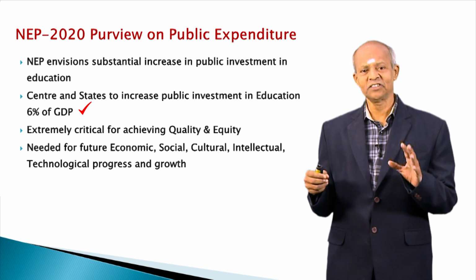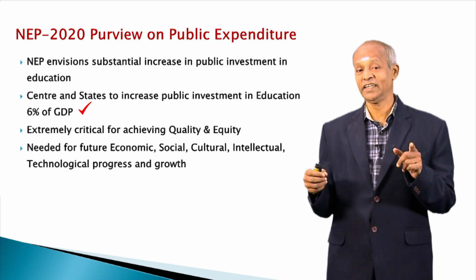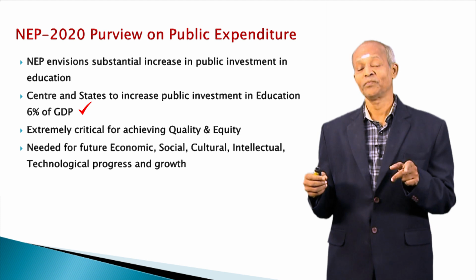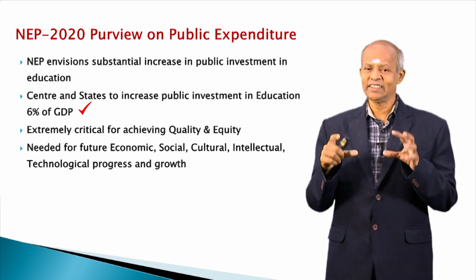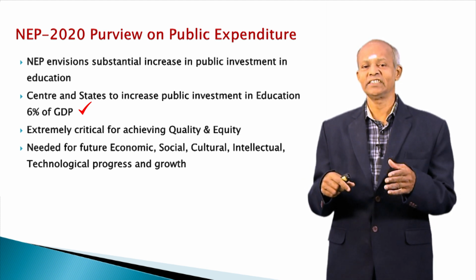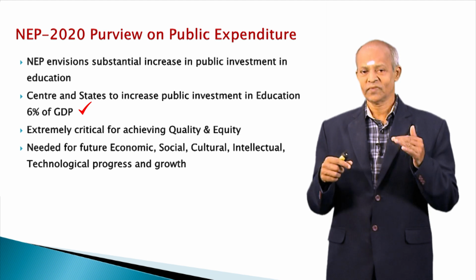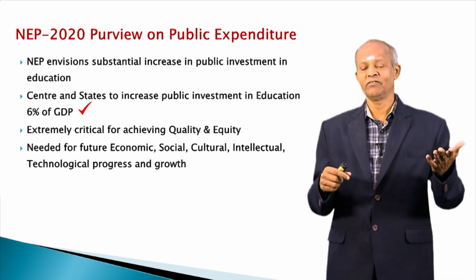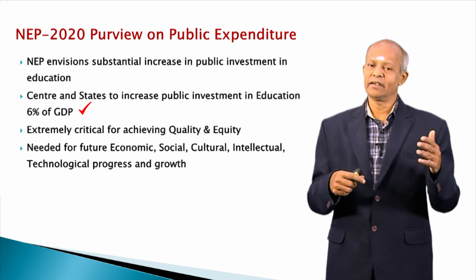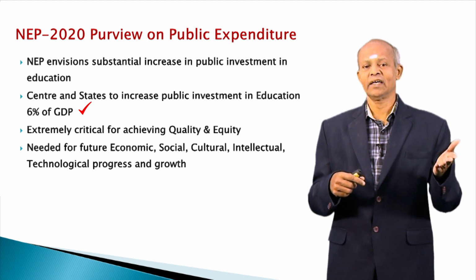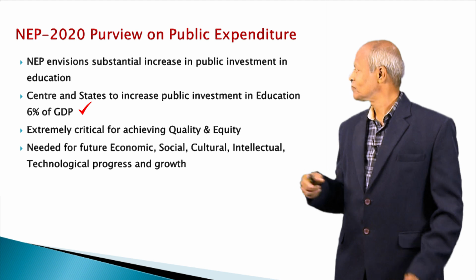Education is not an expenditure, it is an investment, and therefore you have to invest at least 6% of the GDP, then only the education will be sustainable, and therefore the economy also.